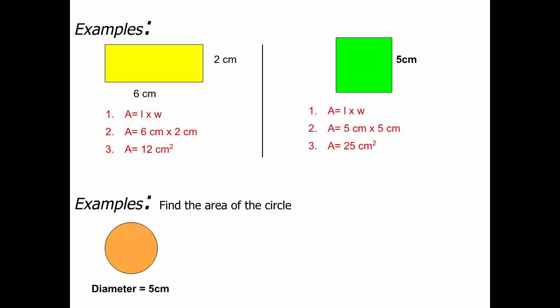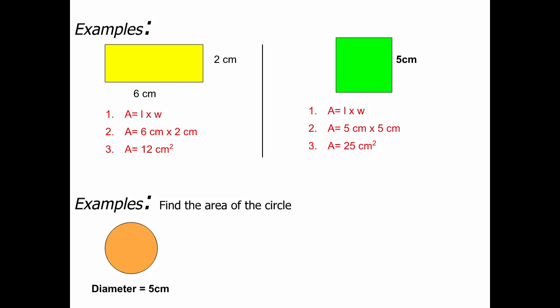Area of a circle. Last example. First step. Drew. The formula, which is? Pi times the diameter squared. Not quite, but close. Talia?